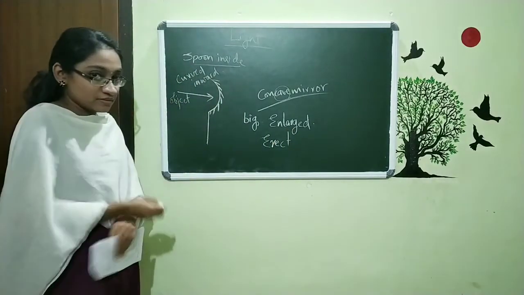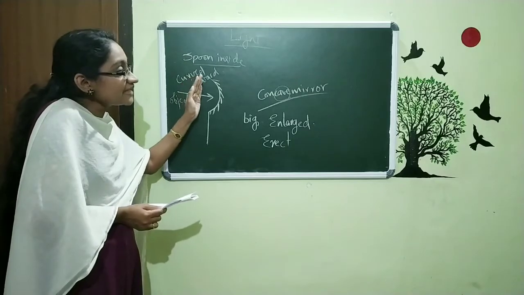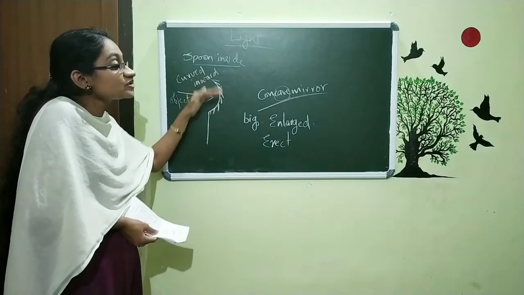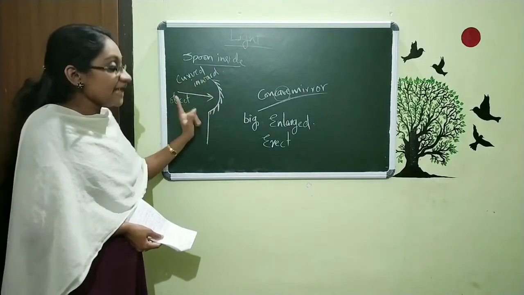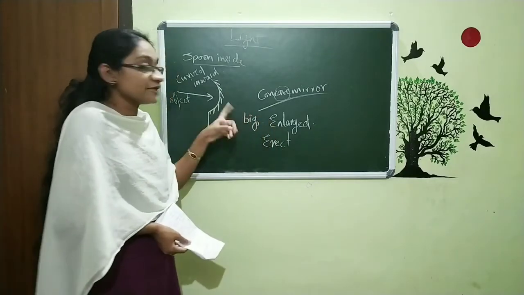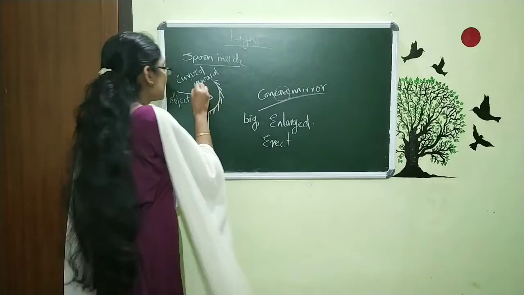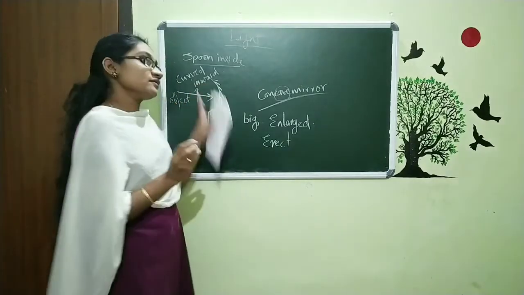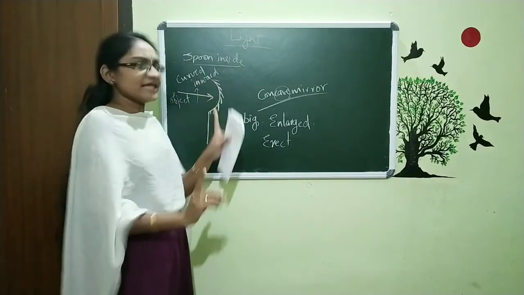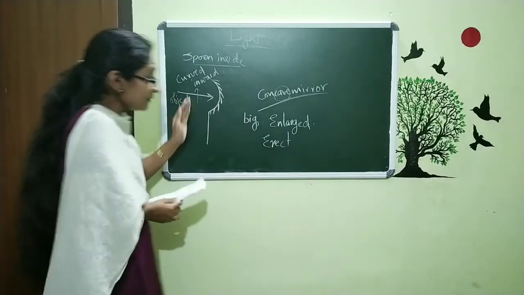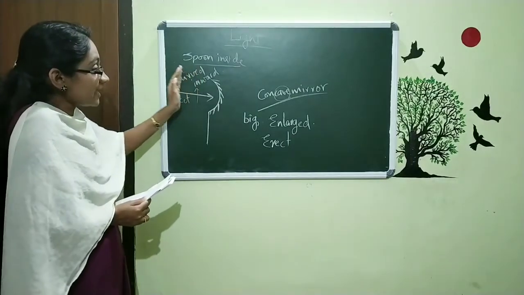So, just understand that here we will get an erect image. First I am placing the object very near to the spoon. Then I get an enlarged or big image, and that is erect. That means when I place an arrow towards this, the image is straight itself, or erect. Now I am moving this arrow backward.